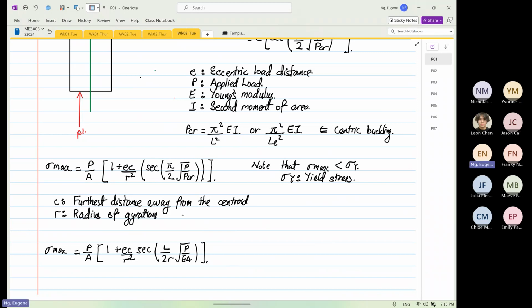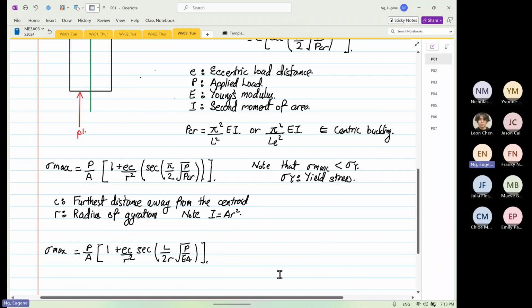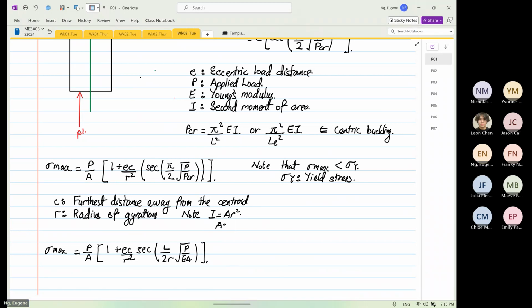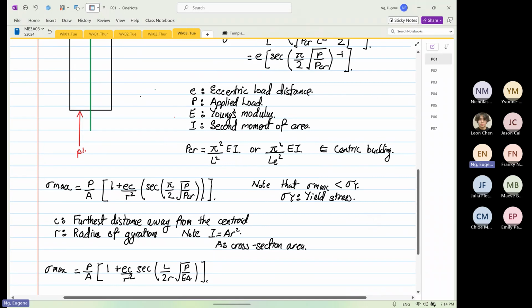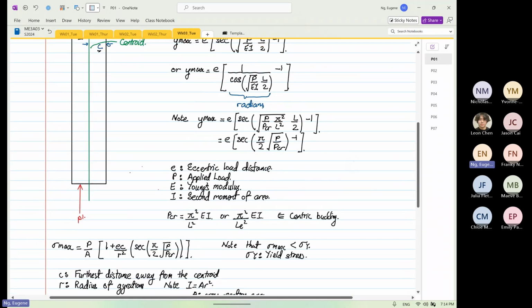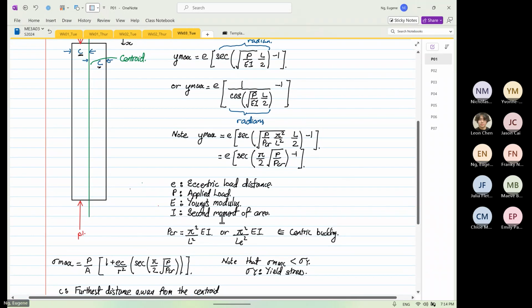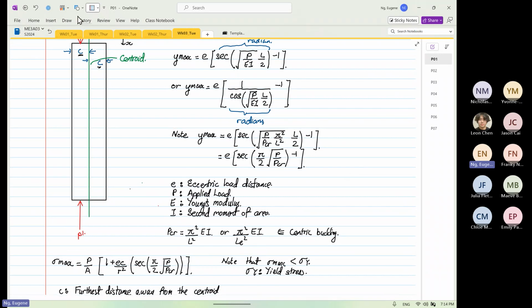Note that I is equal to A r squared, and A is the cross-sectional area. So all these are just numbers to look at. In the term test, I will provide these formulas that I'm going to draw in a box.